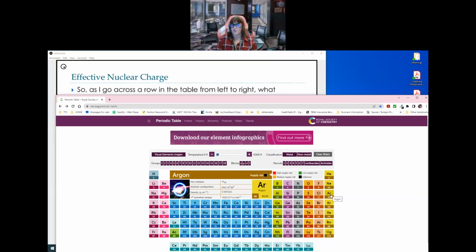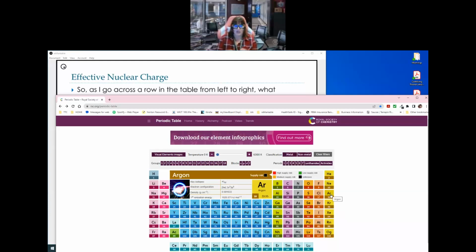But the nucleus is much more visible to all of those electrons than the other electrons. There's a big amount of space between all of those electrons, and they don't necessarily see each other that well if they're in the same group, because they're the same distance from the nucleus. So they don't always see each other. But I do see that additional proton that got added.